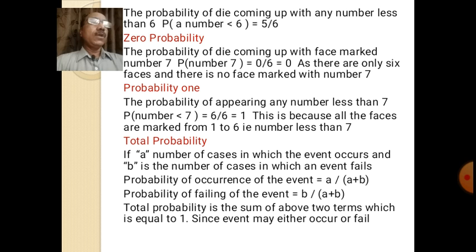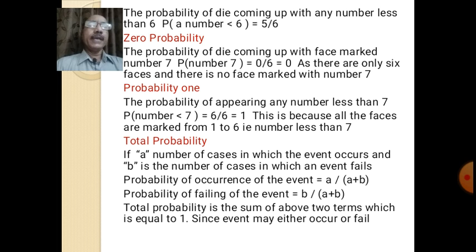What is 0 probability in this case? Let us try to understand what is 0 probability. The probability of a die coming up with a face marked with number 7. There is no face with 7 dots, as the cube is bounded by only 6 surfaces and at the most there will be a maximum of 6 dots.